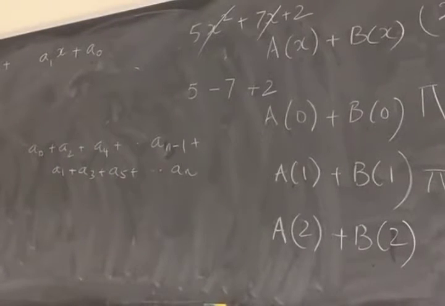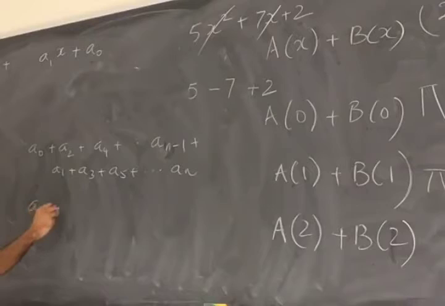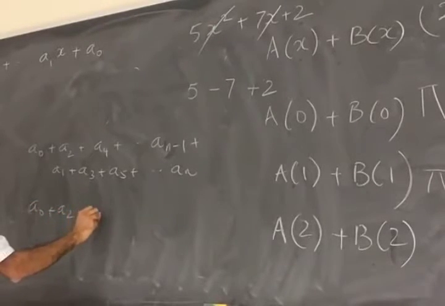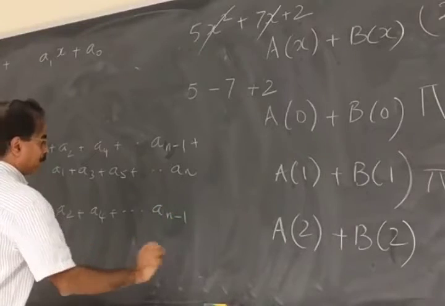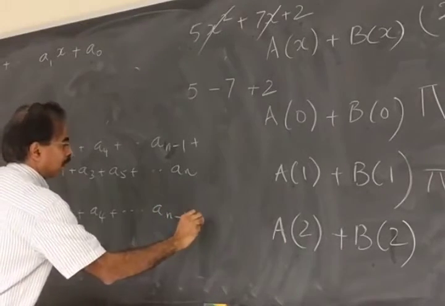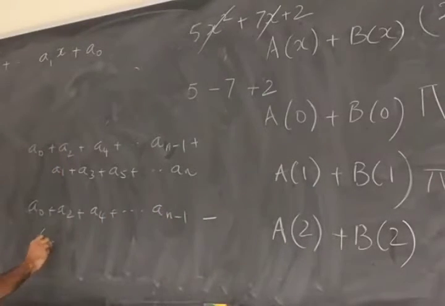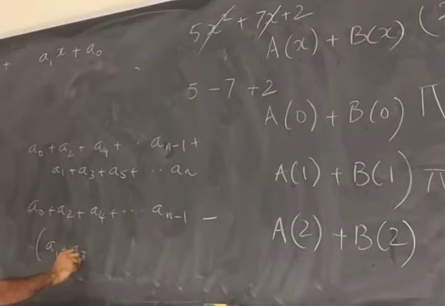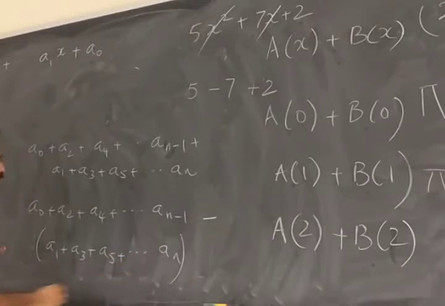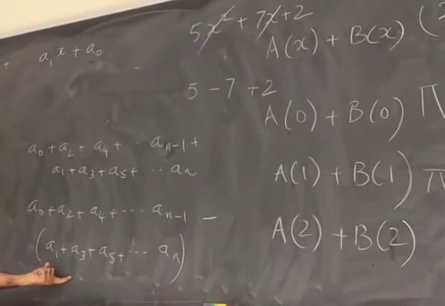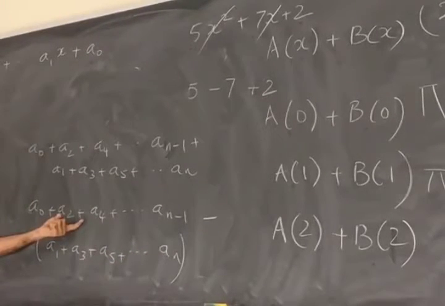So the even terms will remain as they are, a0 plus a2 plus a4, and all the odd terms will become negative, while the even terms remain positive.